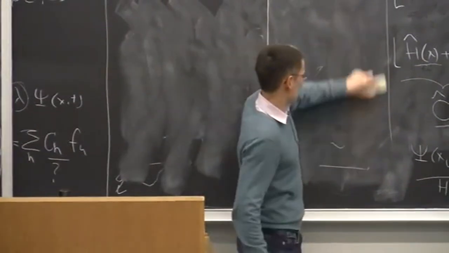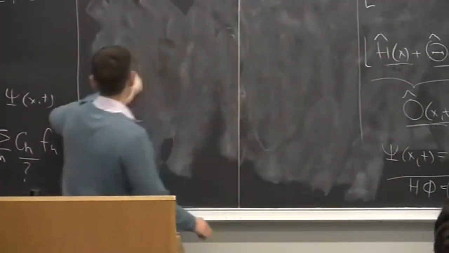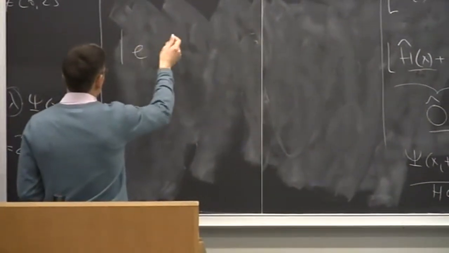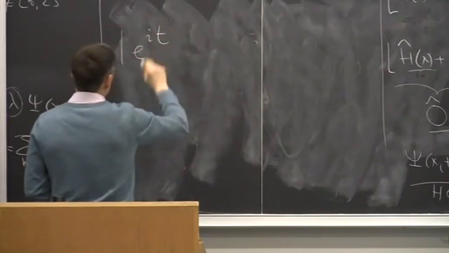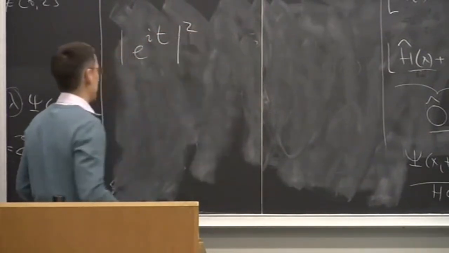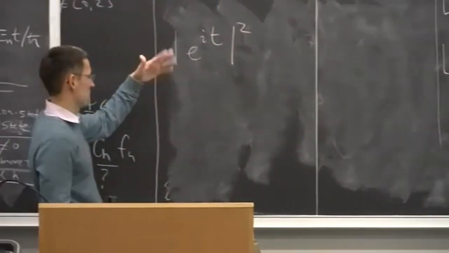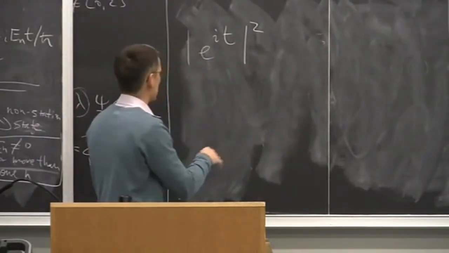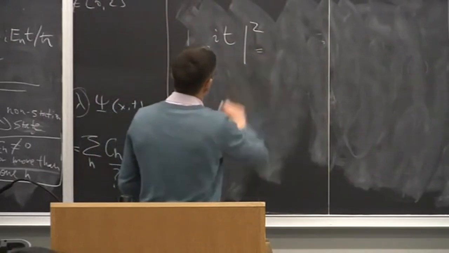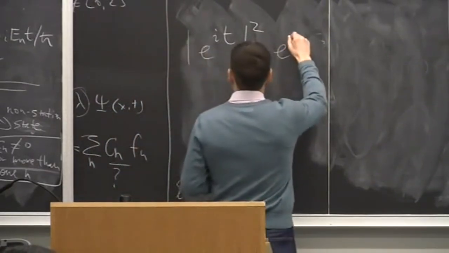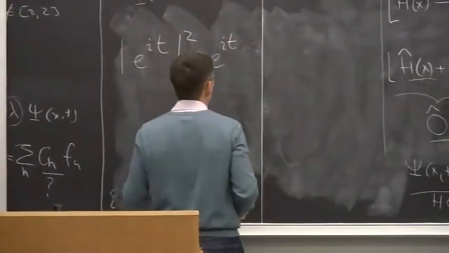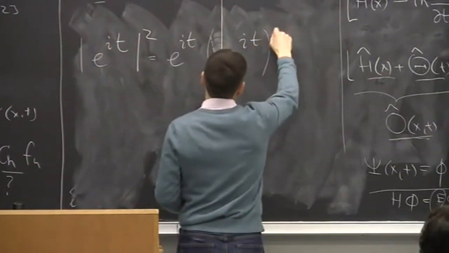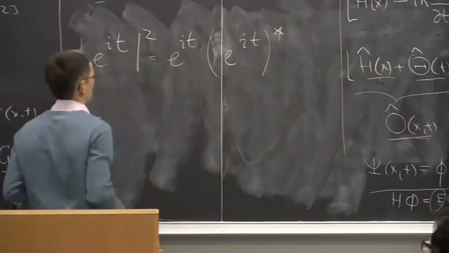So what is this absolute square, in terms of more elementary math? If we take e to the iωt, squared, this is pretty much like, if we remove other exponents or constants, that's not essential here. It means we take e to the iωt and we multiply by e to the iωt star. That's what the absolute square is.